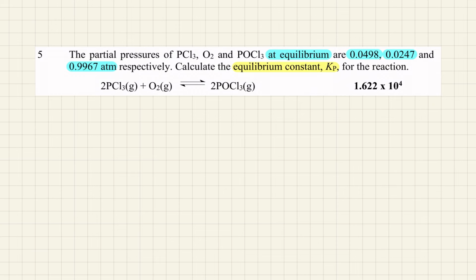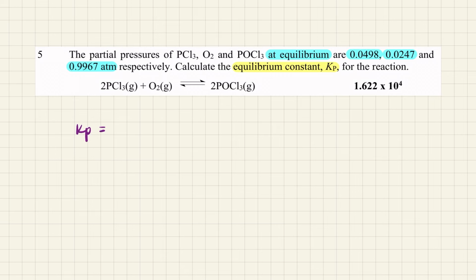Next, number 5, the partial pressures of PCl3, O2 and POCl3 at equilibrium are given respectively. So those are your partial pressures at equilibrium. Okay, so calculate the equilibrium constant Kp for the reaction here. So for this one, okay, first you are going to take out the expression for Kp.